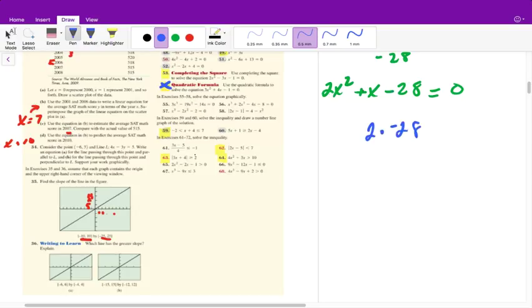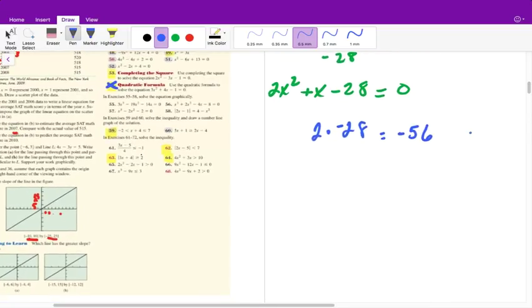If there's a number in front of this, you must multiply, so that's equal to negative 56. And then from here, you're looking to see which two numbers multiply to 56 and add to negative 1. So that would be 8 and negative 7, just like we did.